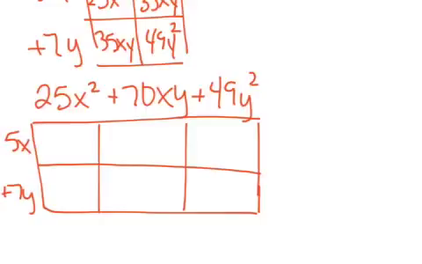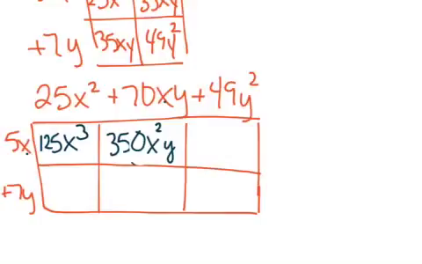All right, so we've got 25 times 5, which is 125x cubed. 70 times 5 should give me 350. Now I've got x times x, so that's going to become x squared, and then the y. Okay, 49 times 5 is 245.